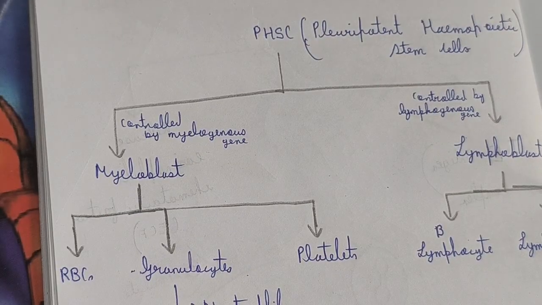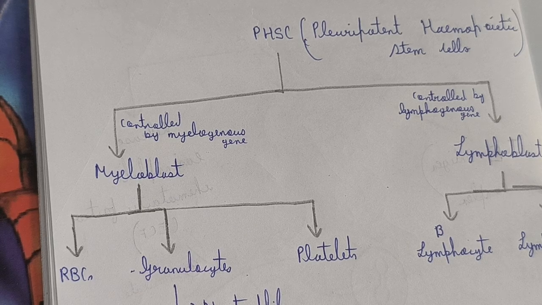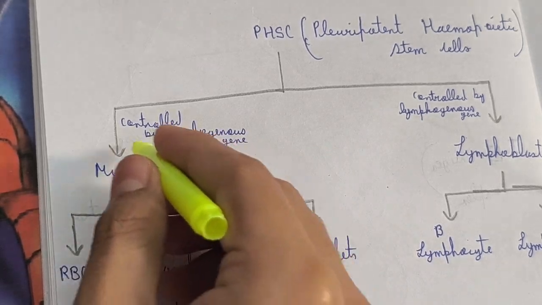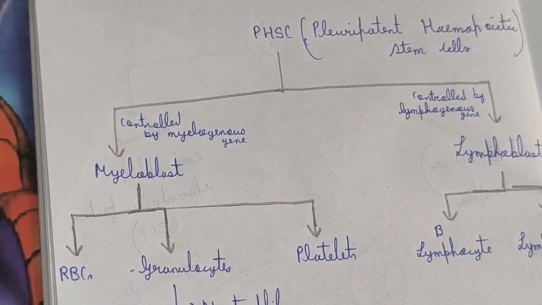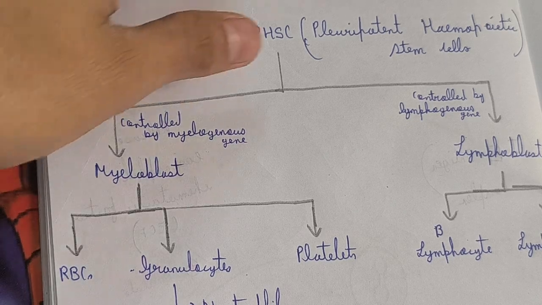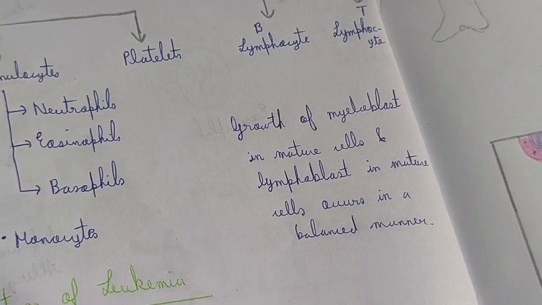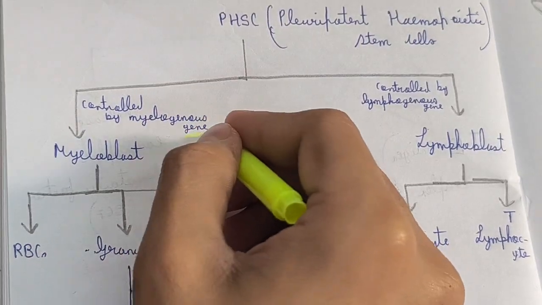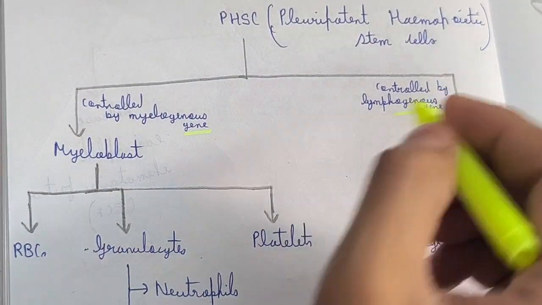Now first of all I'm going to give you the definition of leukemia. You have understood that growth of myeloblast and lymphoblast into mature cells in a balanced manner occurs due to the myelogenous gene and lymphogenous gene.